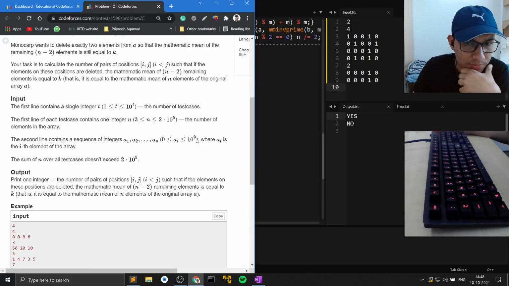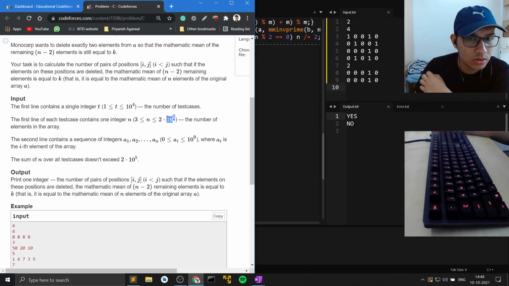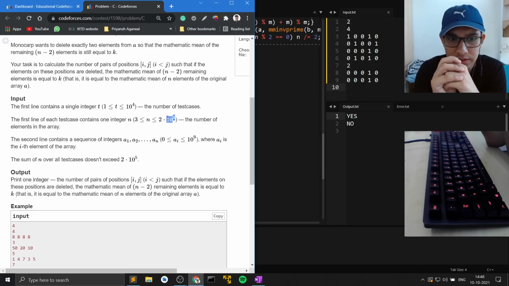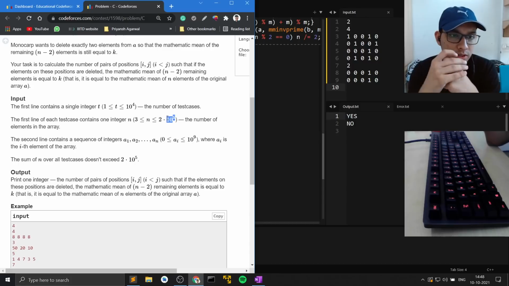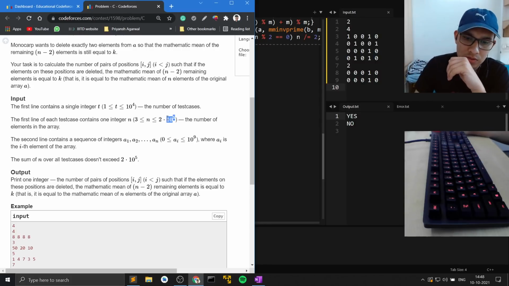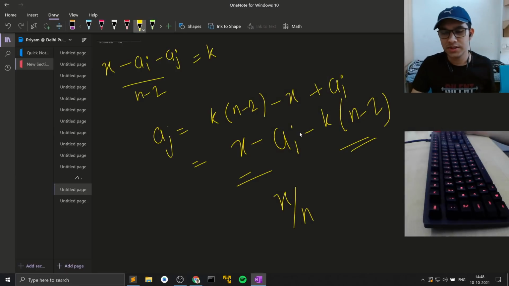But what if I scale them up? I have 10 to the power 9 into 10 to the power 5, so then it becomes 10 to the power 14. And I do this for 10 to the power 5 integers, so that can run into an issue here, right? So what do I do in order to avoid these floating point numbers?